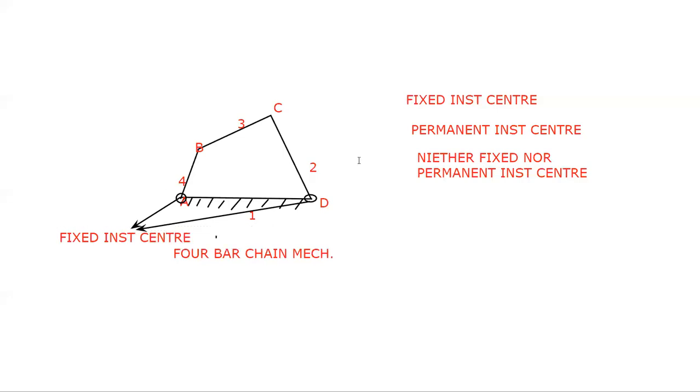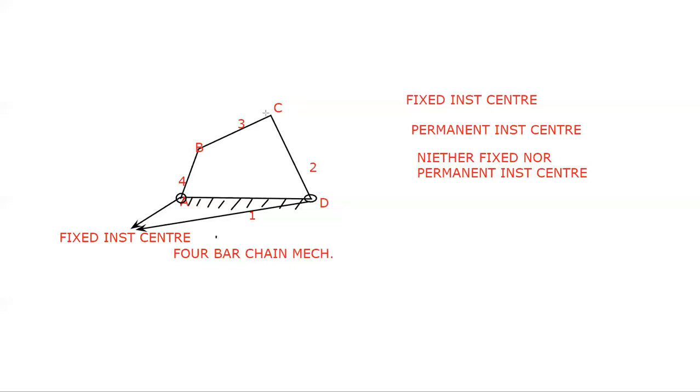Okay. Now you can see here the link AB and CD. As it goes up, we can see here once again two centers meeting. This is the point where the BC link and CD link are meeting, and where the AB link and BC link are meeting.